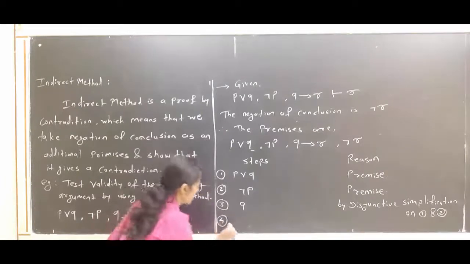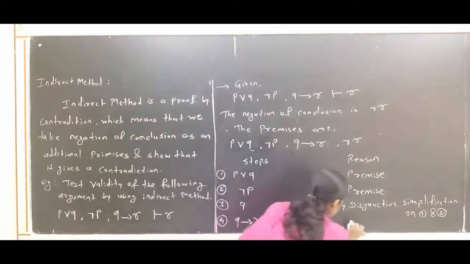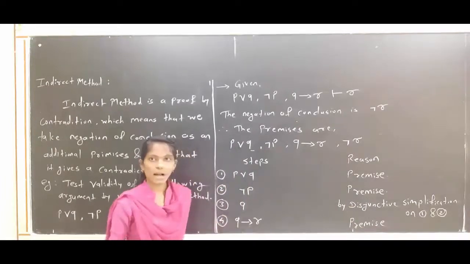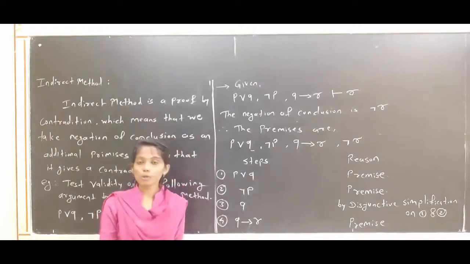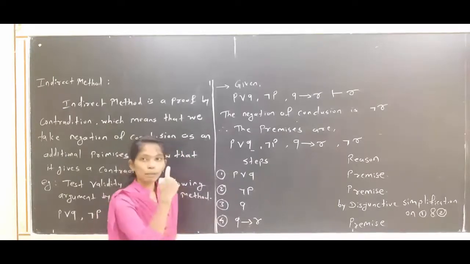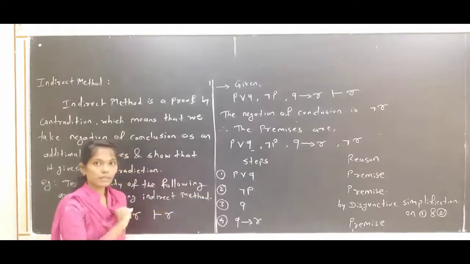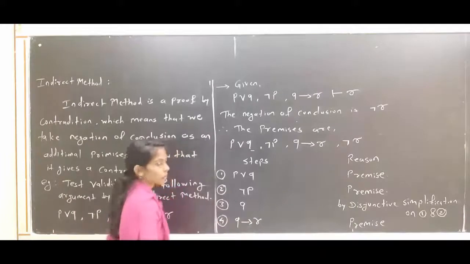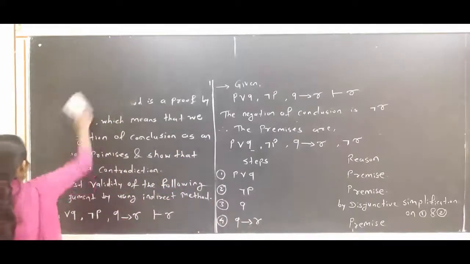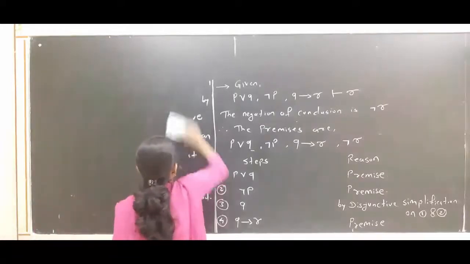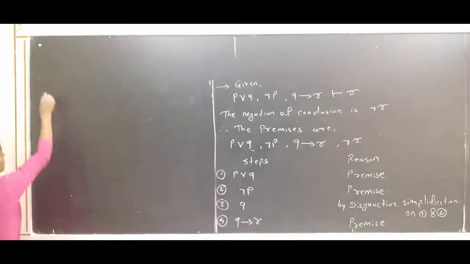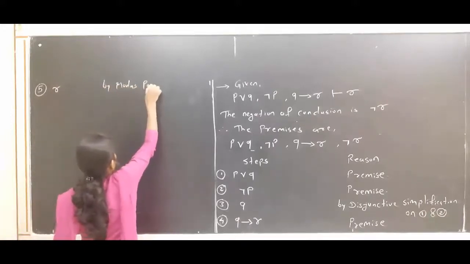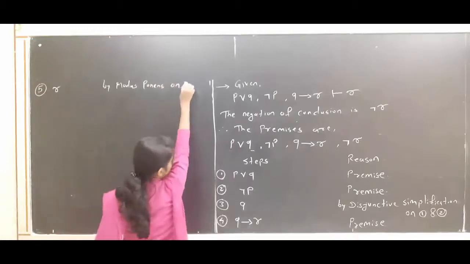Now we take the next premise, Q implies R. We apply the modus ponens law, that is detachment: P implies Q and P, then we get the conclusion Q. So here Q implies R and Q, we get the conclusion R. Fifth step, we get R by modus ponens on 3 and 4.